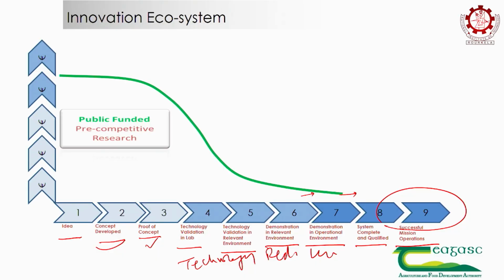Now, this is the story with public funded research. The majority of the public funded research, whether it is at a university, institution or research organization, all those PhD projects, postdoctoral projects, all those fellowships, these are pre-competitive research, that is, fundamental research at most at this level.